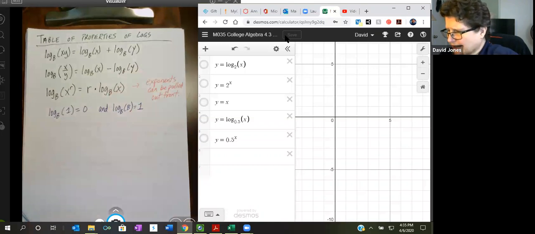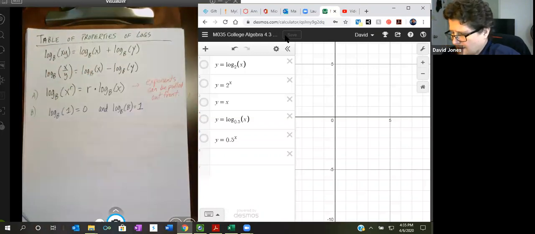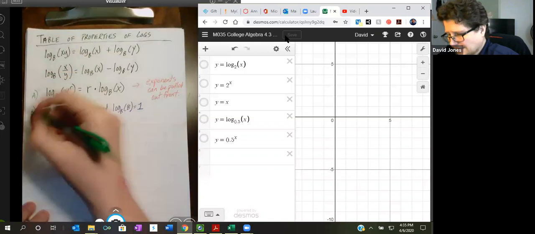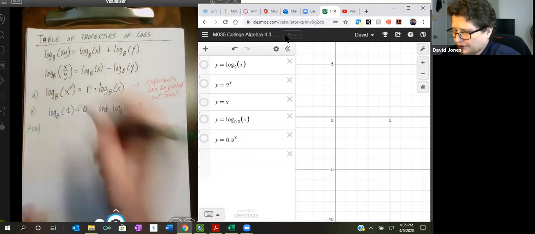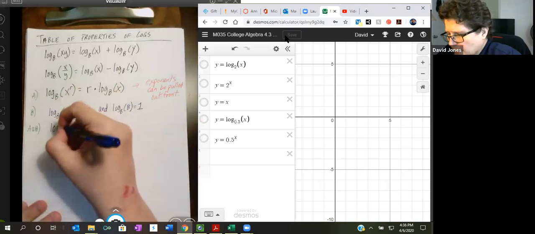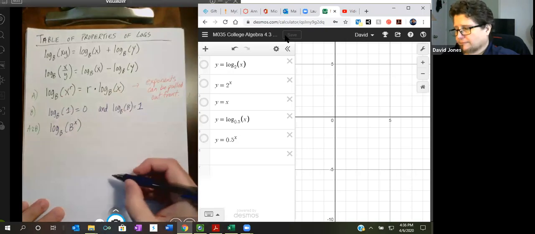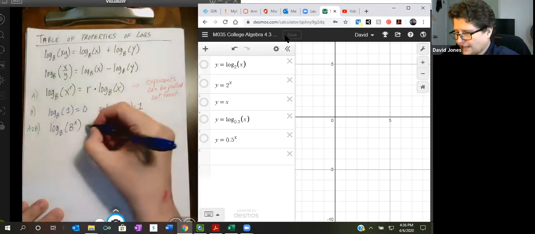So if I say this is A and this is B, if we combine these two, A and B together, log base b of b to the x power equals x.